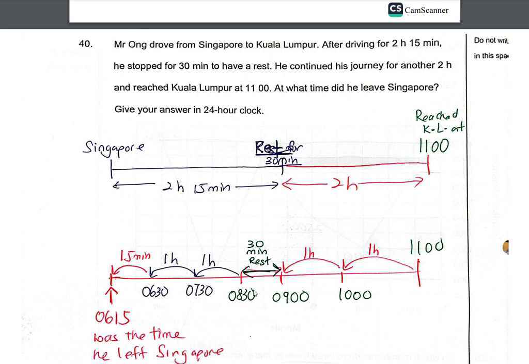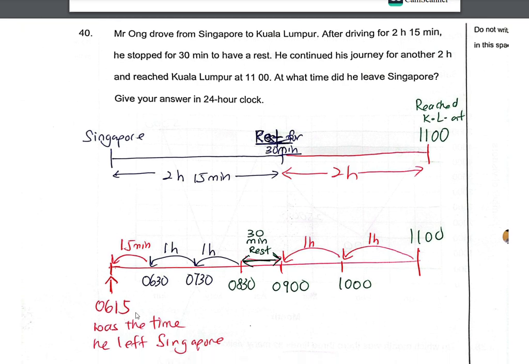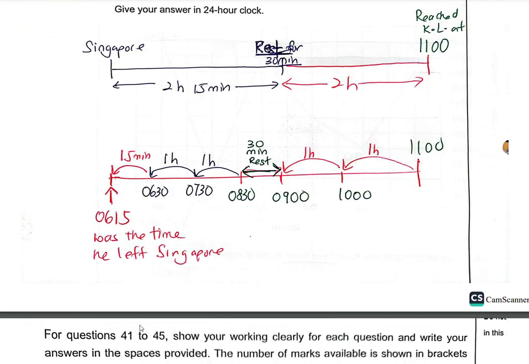That'll be 0830 hours. Then before that he drove for 2 hours 15 minutes. So I go back 1 hour, that'll be 0730. Go back another 1 hour, 0630. I must not forget 15 minutes. Go back 15 minutes before 6:30 in the morning, that'll be 6:15 in the morning, or 0615. What's the time he left Singapore?